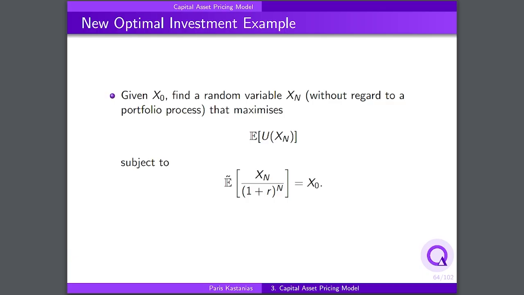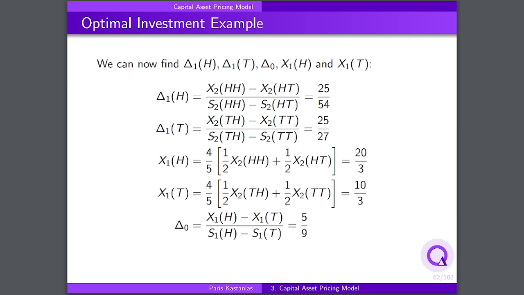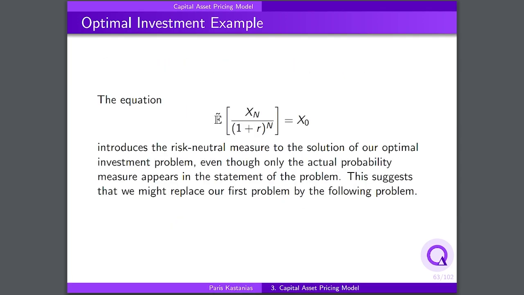Okay, this is a new optimal investment problem, and it's because of this thing here. So we've introduced this new one. This should yield the same thing as before. This might be slightly easier, so how do we do this?